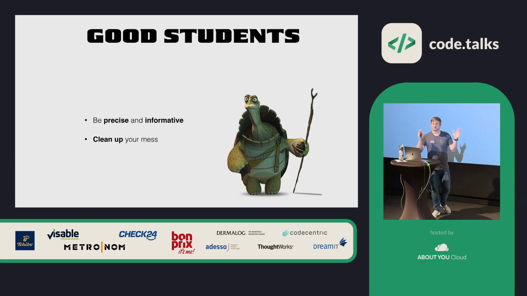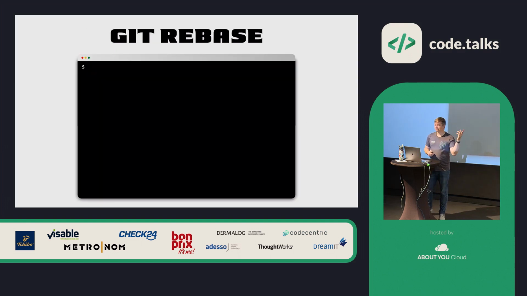You can commit as often as you want and make crappy commits all day, but it's really nice for the last 5 minutes of your day to say, okay, now I'm going to clean up this mess I created with all these stupid commits and try to make them precise. So what you can do is, just before you leave the office, you type git rebase -i.